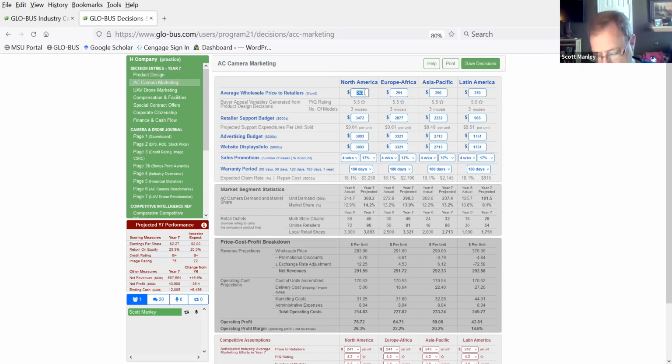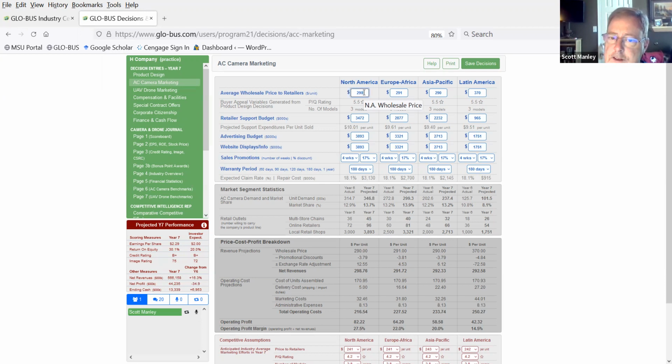One thing you may test as you are making decisions is the price sensitivity. Okay, so if I raise my price in North America by $1, do I lose any demand? The answer is no. So I'm going to keep raising that price to maximize my profit until I lose demand. And at 289, my market share is 14.2%.